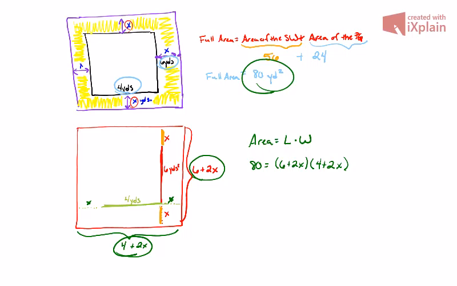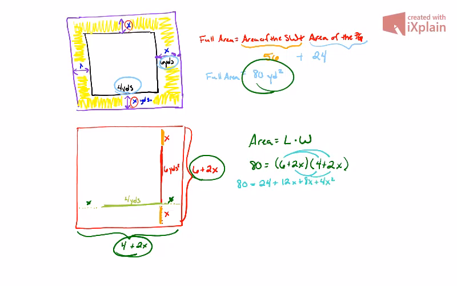So in this situation, we will want to FOIL this out because remember, we want to go ahead and get this so that it is equal to 0. So if we FOIL this out, we would have 80 is equal to 24 plus 12x plus 8x plus 4x squared.